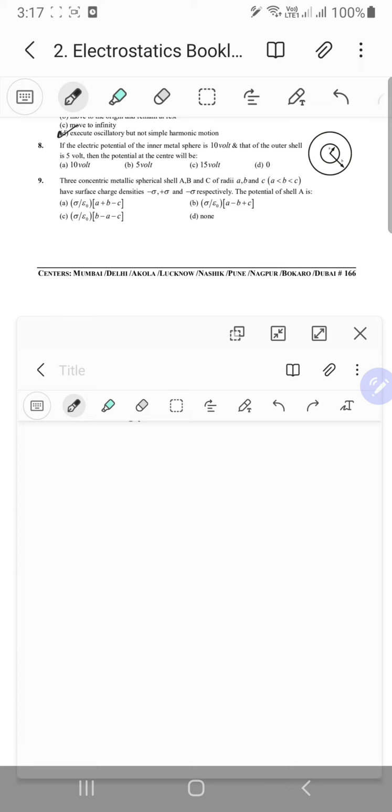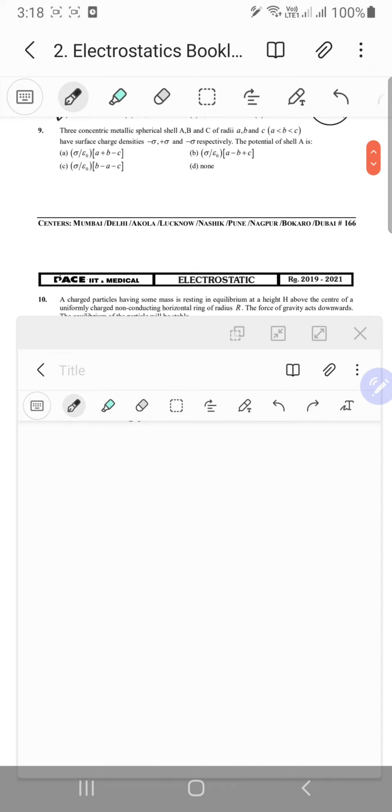So the shell is 5 volt and over here is 10 volt. Cool. Potential at the center, well, it's going to be 10 volt as well. Because come on, think about it, there's no field over there, so if you go from here to here, the difference in energy is 0. So it's the same potential over here as the surface. But why did they even ask this question?